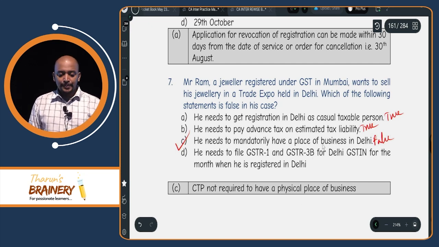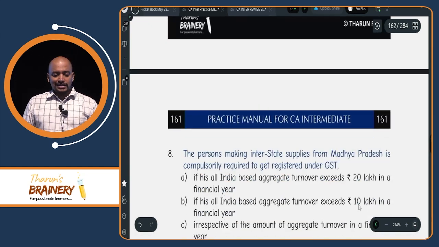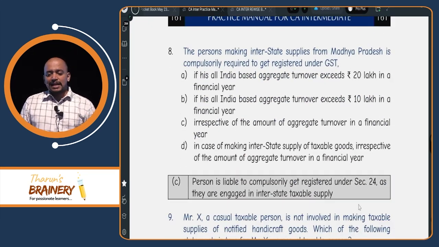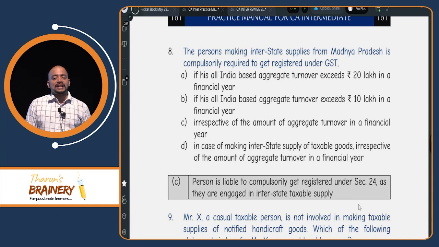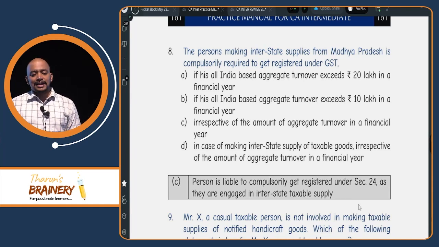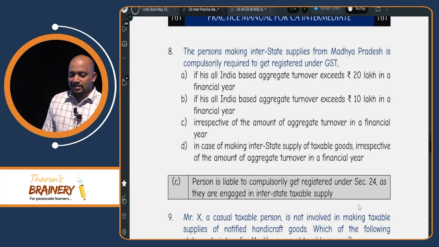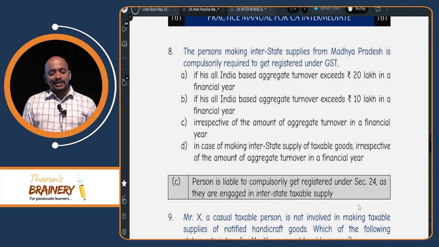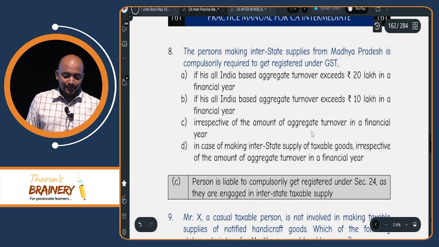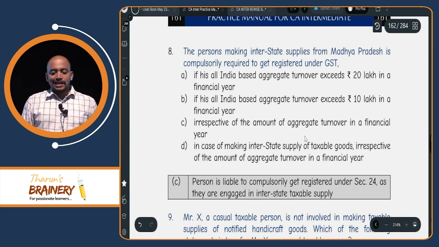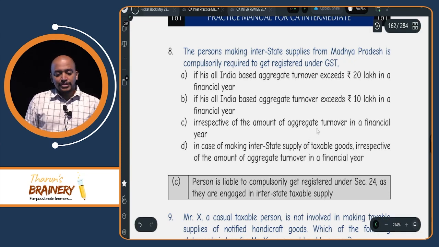A casual taxable person is required to file which return? GSTR-1 and 3B. Then next, the person making interstate supply from Madhya Pradesh is compulsorily required to get registered under GST only when their turnover exceeds 20 lakhs or 10 lakhs, or irrespective of threshold limit. Irrespective of threshold limit. So that is irrespective of the amount of aggregate turnover in a financial year, in case of making interstate supply of taxable goods.